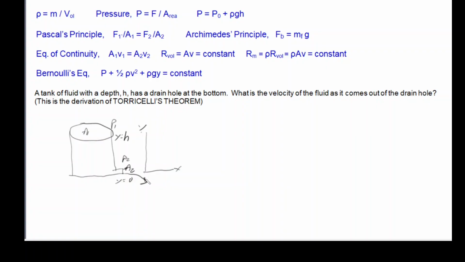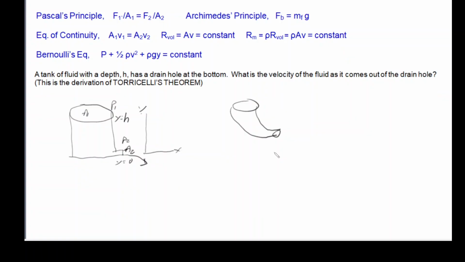So we can consider the tank and drain hole as one tube that goes from area A1 to area A2. We can then use the Bernoulli equation for the system. So basically, it's like having a tube that looks like this.